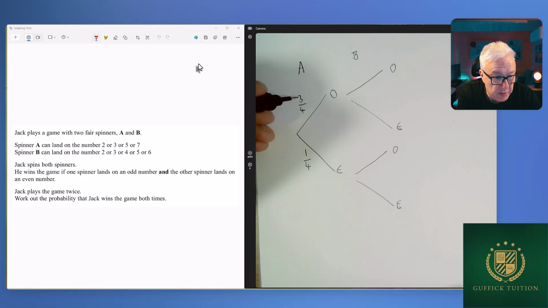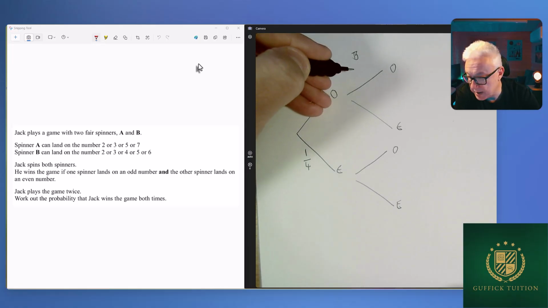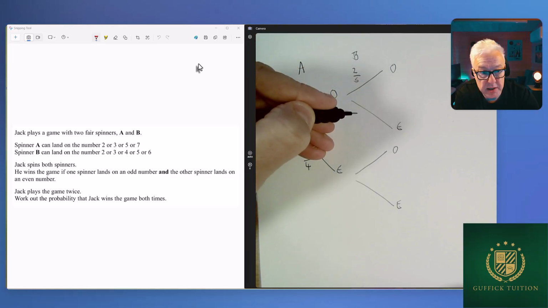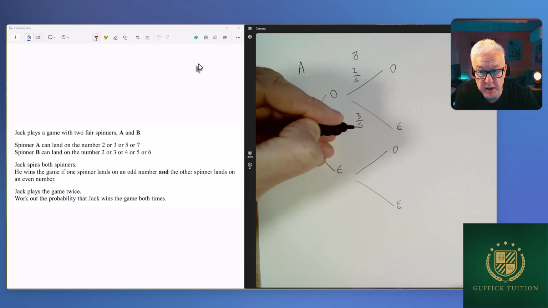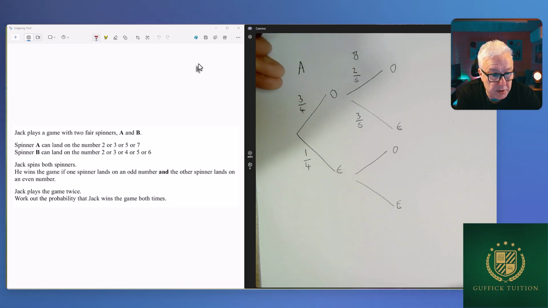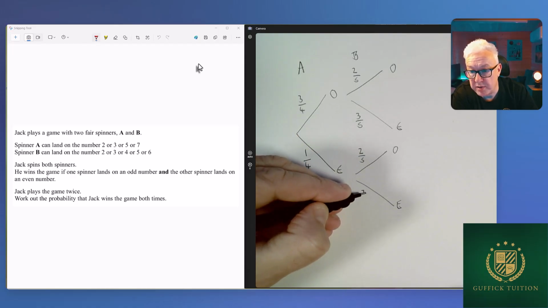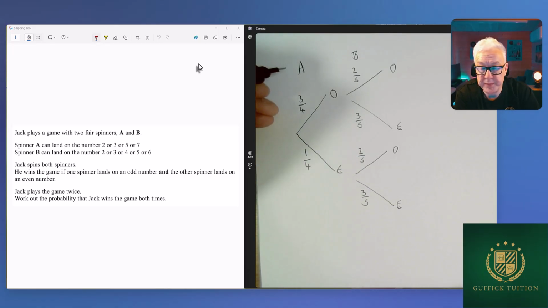So we've got 3 and 5. So that's going to be odd is going to be 2 out of 5. And even is going to be 3 out of 5 for spinner B, because it can land on 2, 4 or 6. So we're going to have 2 out of 5 and 3 out of 5 like that. So that's our sort of tree diagram representing the situation.